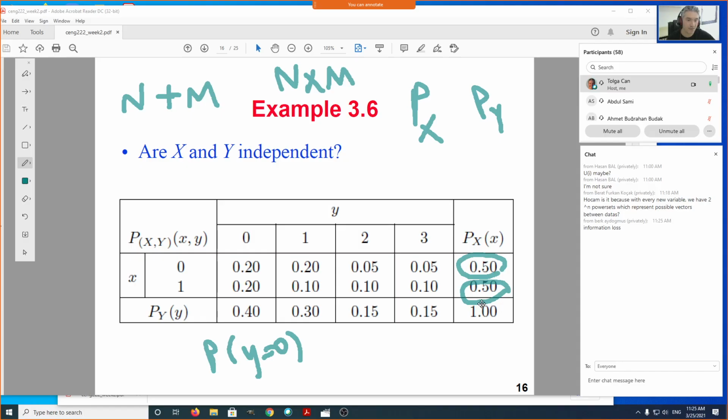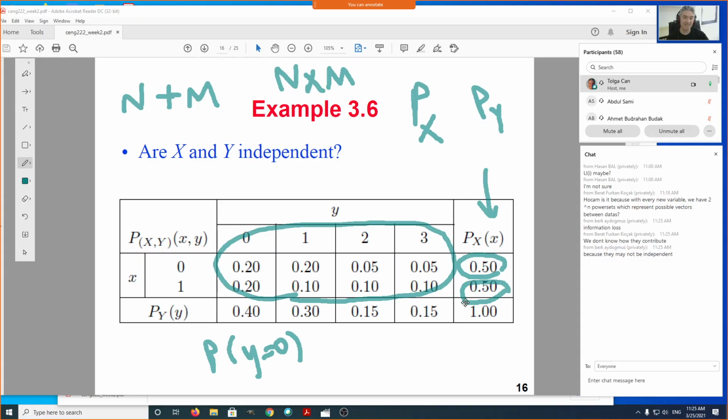For example, which information do we lose here? Why is it necessary to give this entire table? Exactly, this is the answer. So actually, Berk, thank you for the answer.